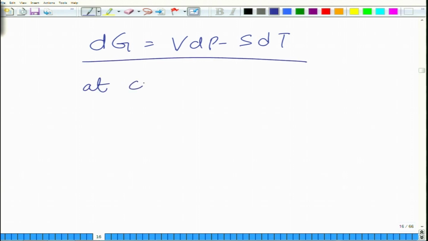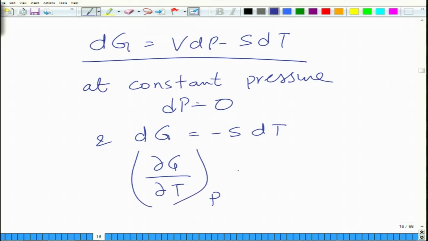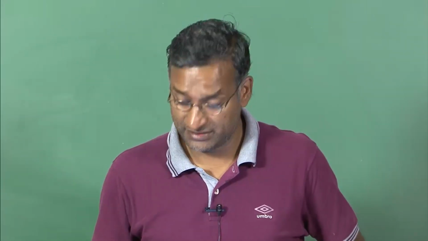So, at constant pressure, of course, dP is equal to 0, and hence dG is equal to minus SdT, or you can write alternatively del G by del T at constant pressure to be equal to minus S. So, this is the variation of free energy as a function of temperature, and you see that this is minus S. So, since as the temperature increases the entropy increases, the free energy will decrease as a function of temperature.